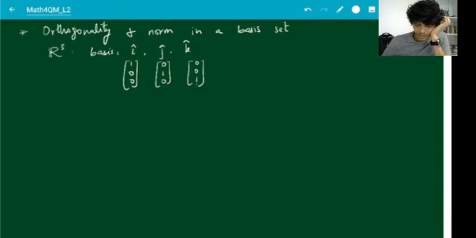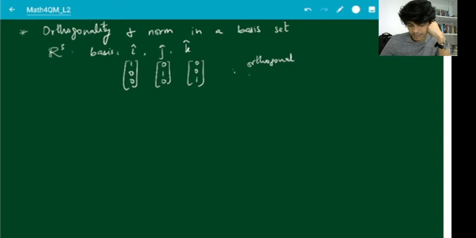Question is, are these orthogonal? Yes, because you can take the dot product, inner product of them, and you can check that they are orthogonal to each other.